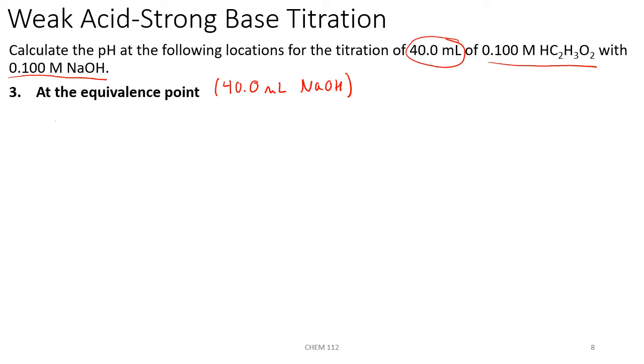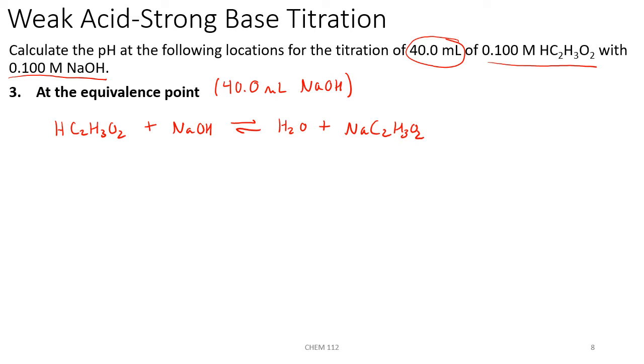So our overall reaction that's happening is the acetic acid is reacting with sodium hydroxide in a neutralization reaction, producing water and a salt. The salt is sodium acetate. Before the equivalence point was reached, we still had acetic acid left over after some of the sodium hydroxide was neutralized.